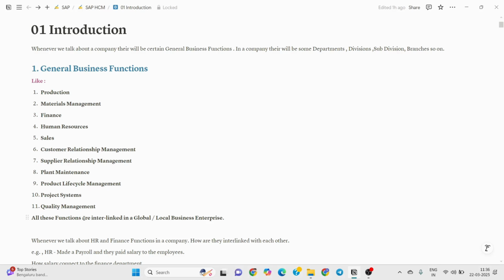All these functions of a business are interlinked in a global or local business enterprise, meaning these functions are interlinked with each other globally or locally. So let's take an example and understand how these functions are connected with each other.